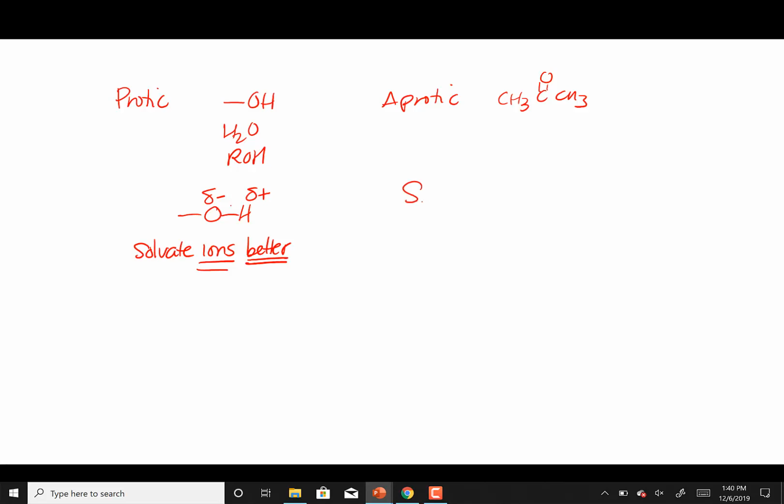So in an SN2 reaction, what are we doing? Our nucleophile is coming in and kicking off the leaving group. Do I want to solvate the nucleophile? Well, is it good to solvate the nucleophile really well?